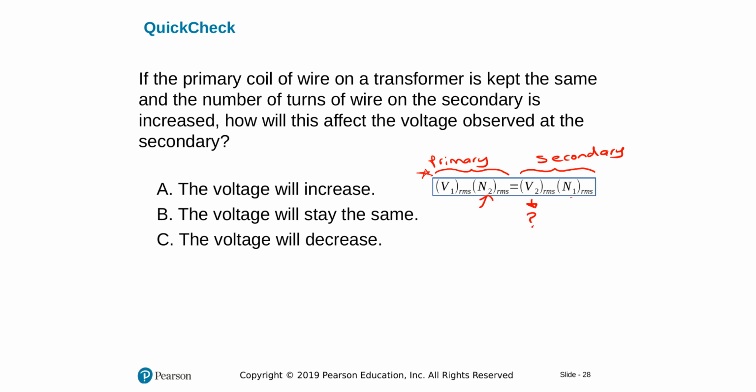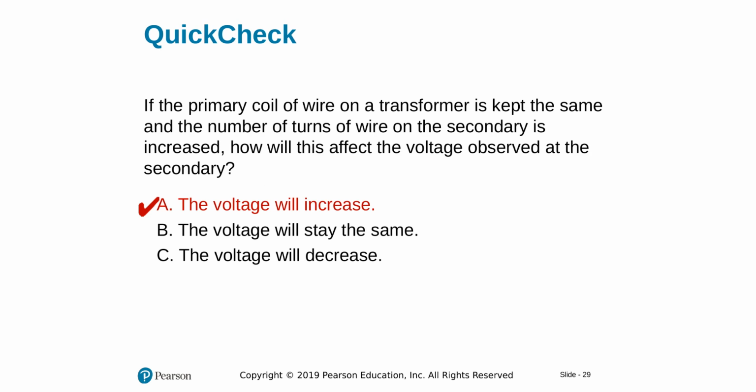Alright, so I'm interested in voltage in the secondary. I'm going to solve for that by dividing each side by N1. So I'm going to have N2 over N1 times V1. Now I am keeping this the same, and this is increasing. What happens to V2? Directly proportional. It will also increase. That is my answer there.